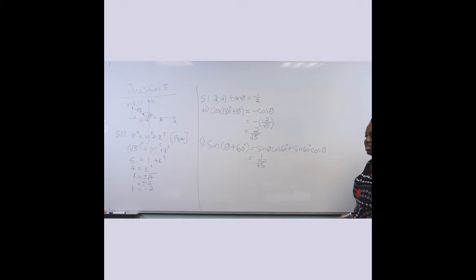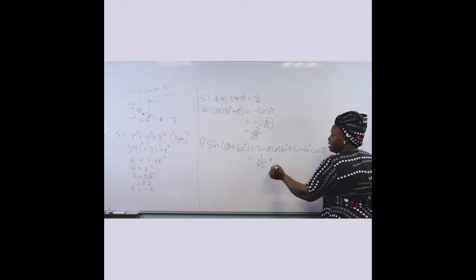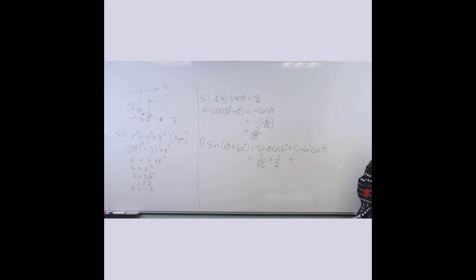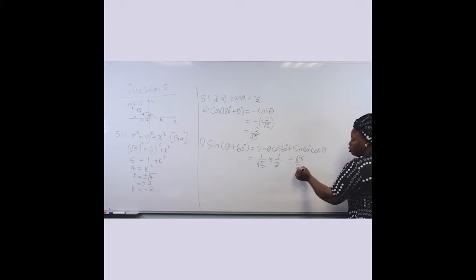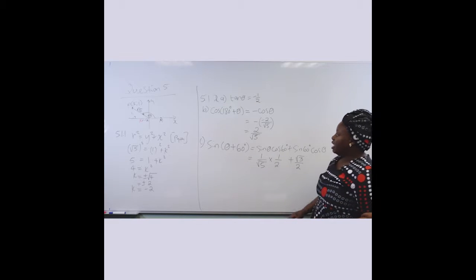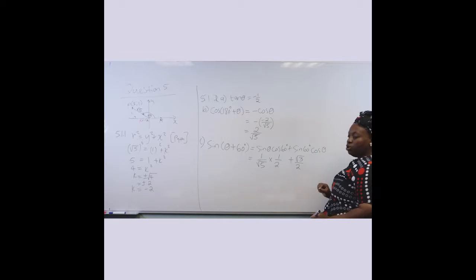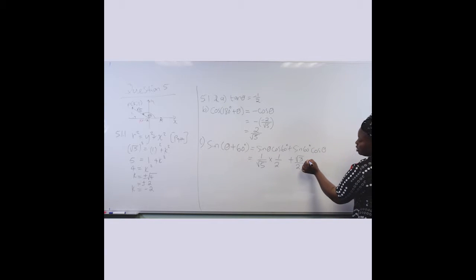What is cos 60? Cos 60 from the special angles is 1 divided by 2. And sine 60 from the special angles is root 3 over 2. While cos theta, we know that it is going to be -2 over root 5. So there it's -2 divided by root of 5.